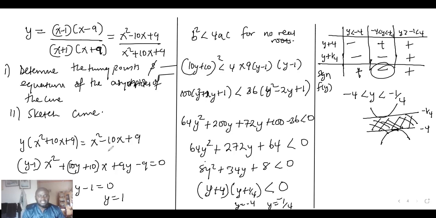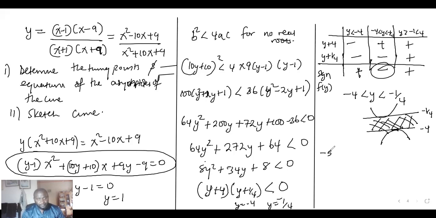I told you, use this equation here. You have simplified. Put -4. You'll get -5 x squared plus -30 x minus 45 is 0. You'll get x squared plus 3x plus 9 is 0.